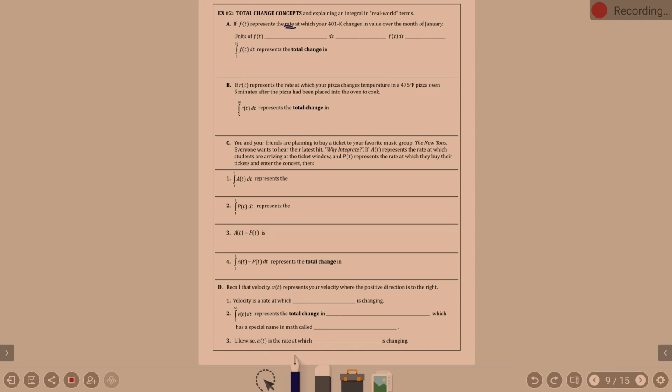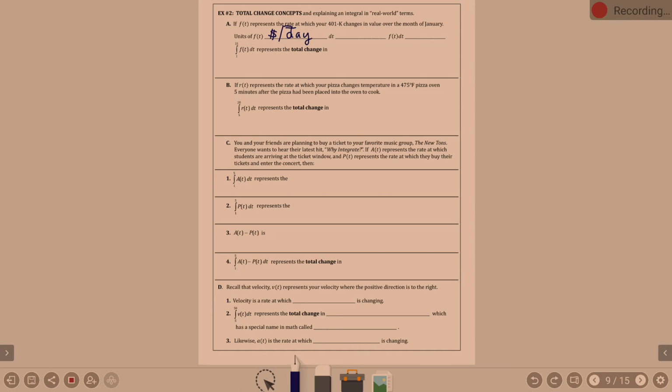What's the label there of your units as it changes? What's changing? Dollars. Now think rate per day. So this one is dollars per day.